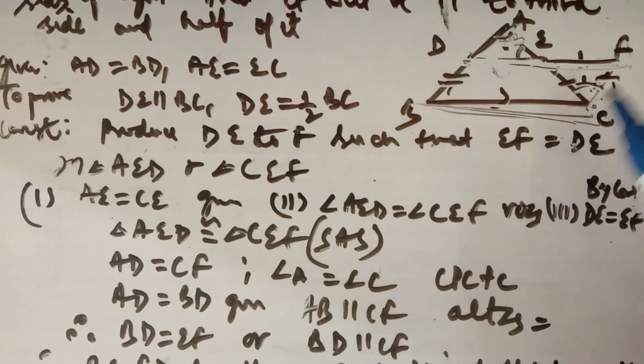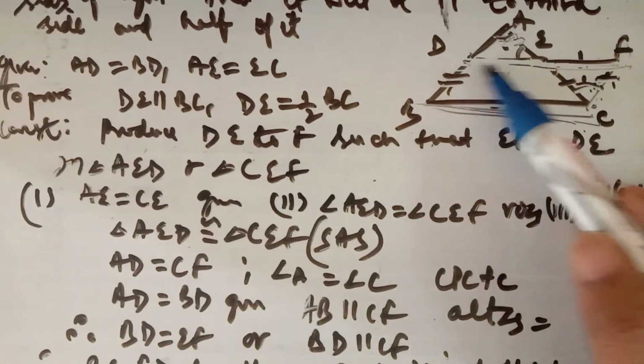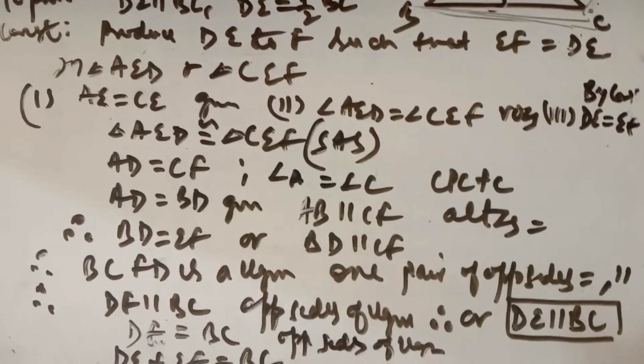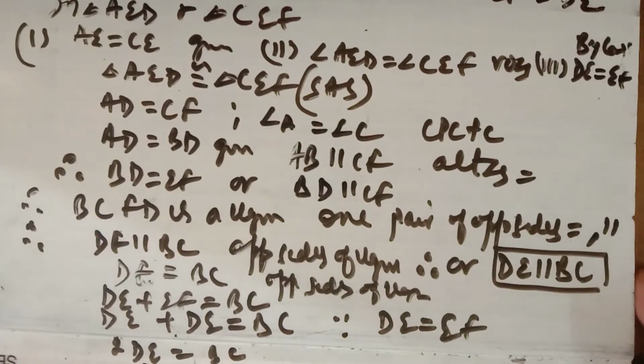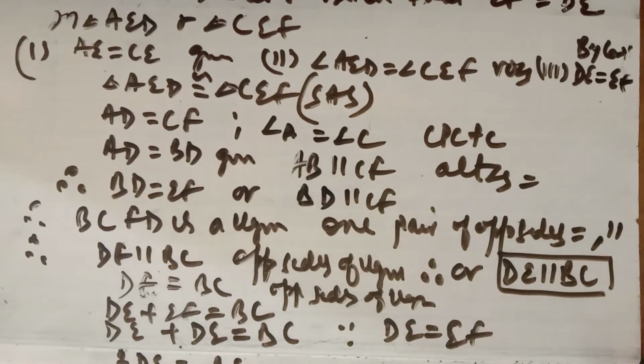BCFD is a parallelogram, therefore DF is equal to BC. In place of DF I have written DE plus EF, and in place of EF I can put DE because by construction they are equal. So twice DE is equal to BC, so DE is equal to half of BC. This is the midpoint theorem, which says that the line segment joining the midpoints of two sides of a triangle is half of and parallel to the third side. So these are the two theorems.